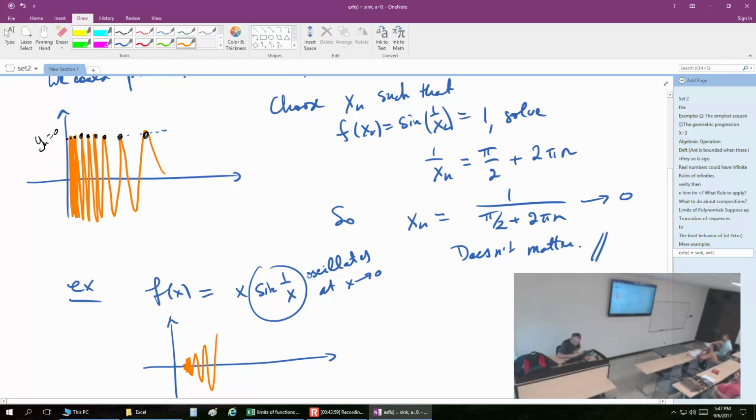It oscillates faster and faster, but those oscillations become smaller and smaller, and the conclusion is this one is well behaved, even though this is undefined at x equals 0, yet the limit of f of x is actually equal to 0 as x approaches 0. So it does look very poorly behaved, but it does have a limit.